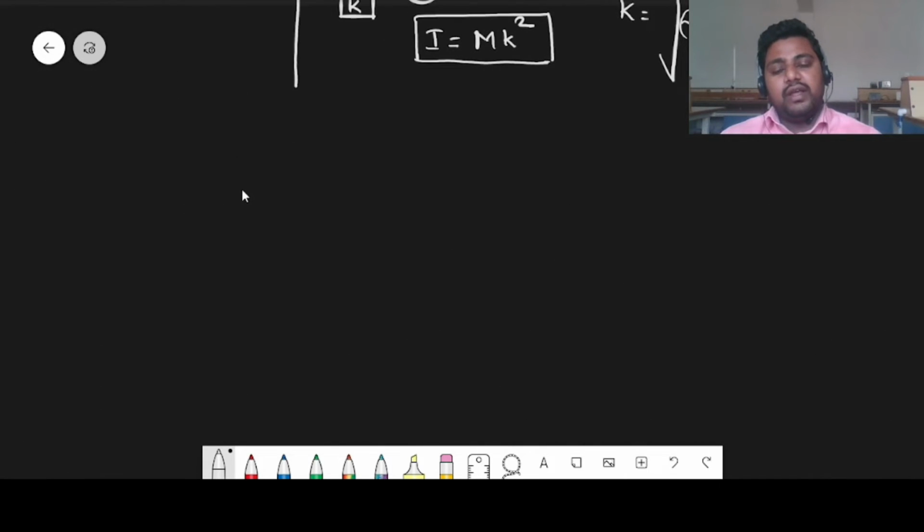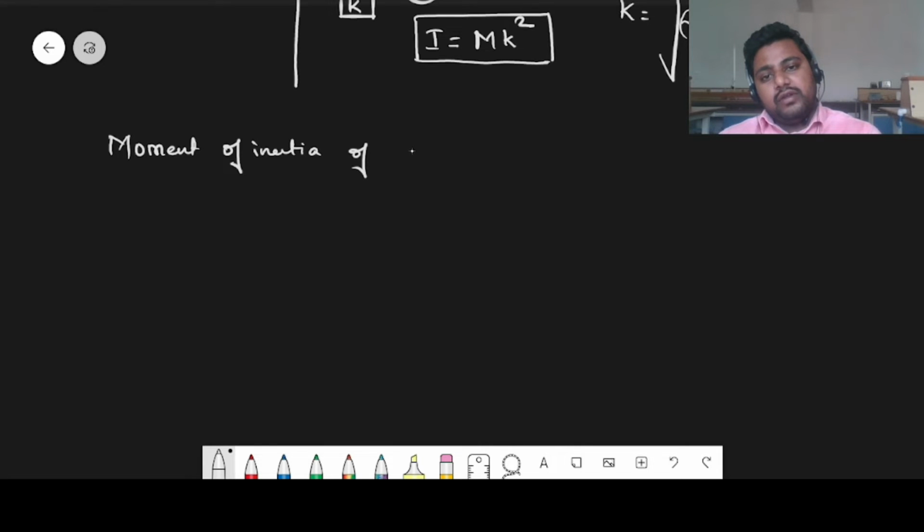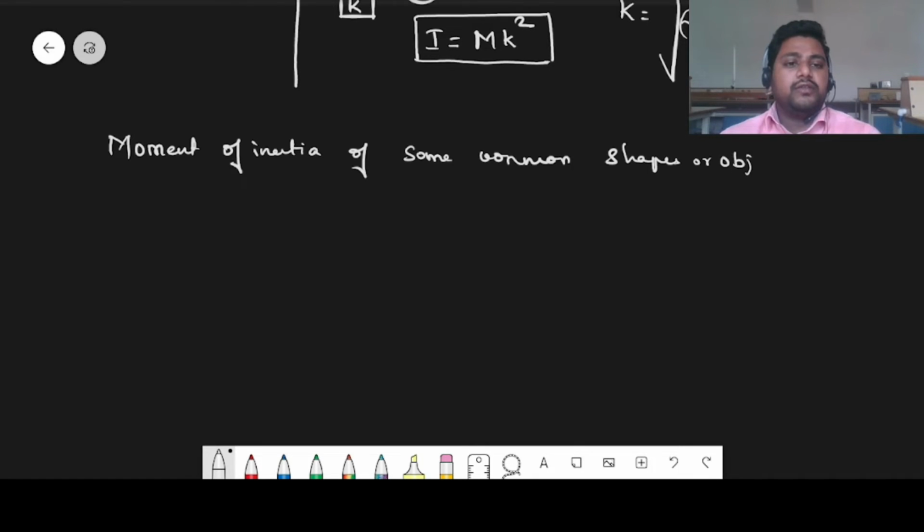Now we will understand what the theorems of moment of inertia are. We have two theorems of moment of inertia. Before that, let me give you some general formulas for the moment of inertia of some common shapes or objects.